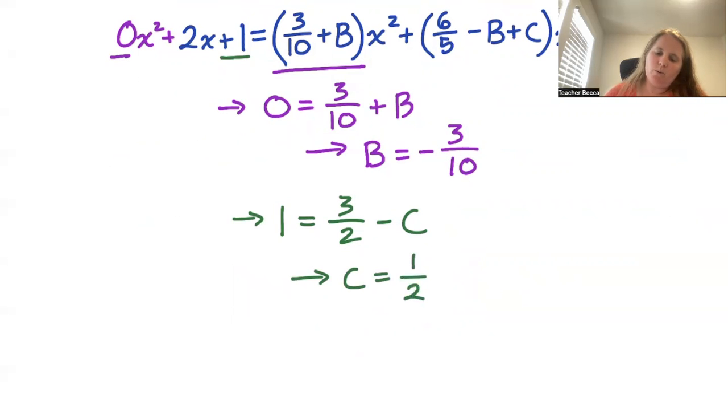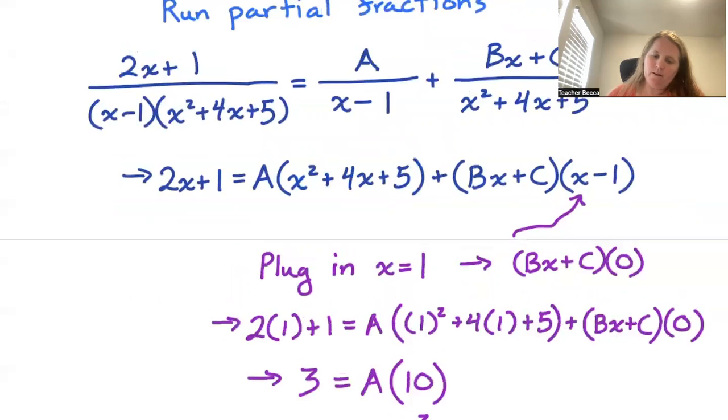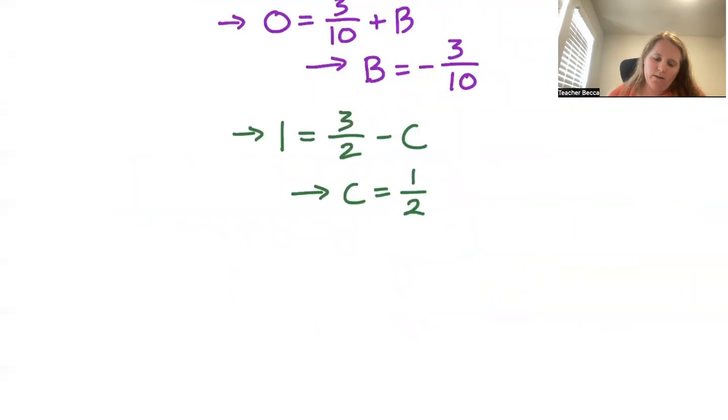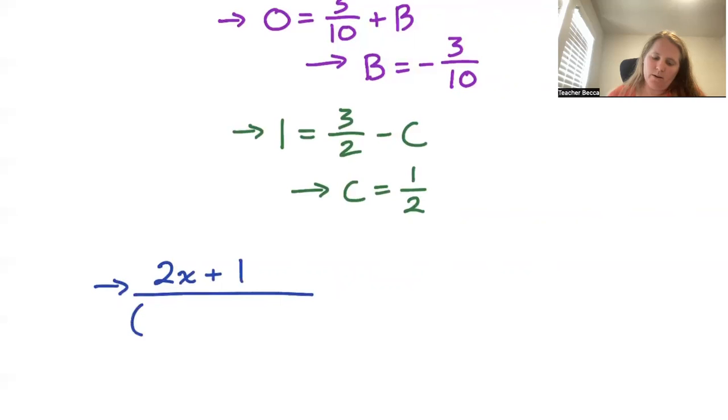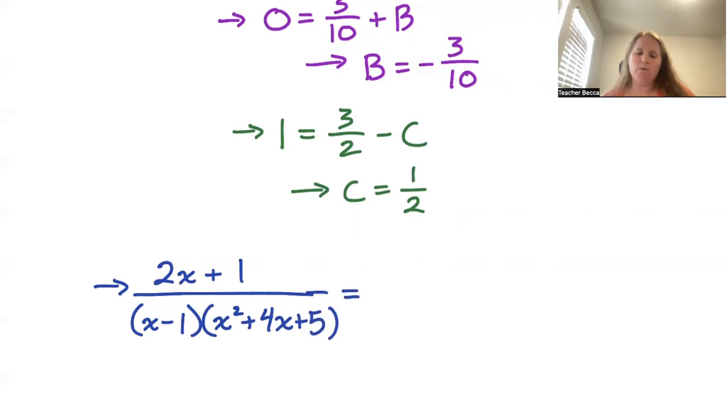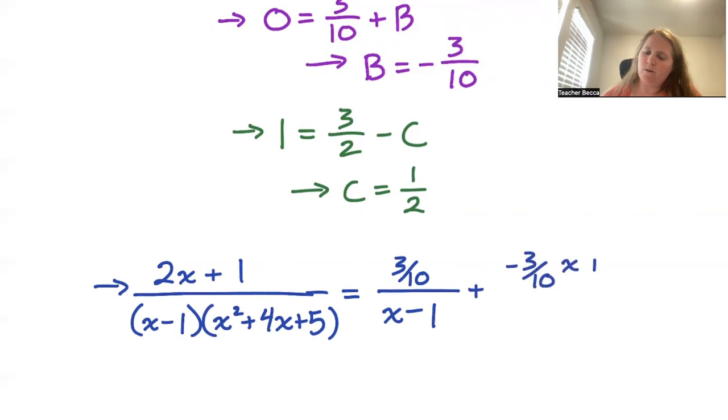So we have at this point that our 2x plus 1 over x minus 1 times x squared plus 4x plus 5 is equal to, our A was 3/10 over x minus 1, plus we have then a negative 3/10 x plus 1/2 all over x squared plus 4x plus 5.